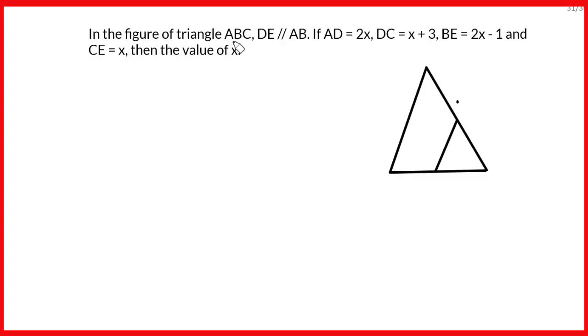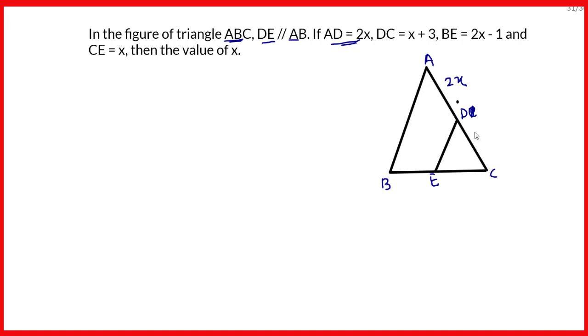Friends, here is the question on the screen. In triangle ABC, it is given that DE is parallel to AB. It is given that AD is equal to 2x, and DC is given as x plus 3.